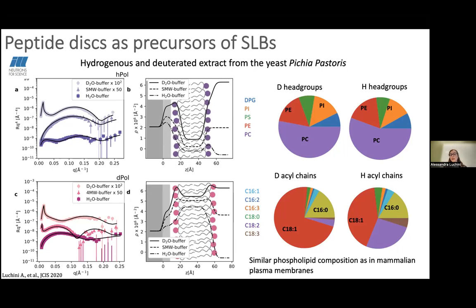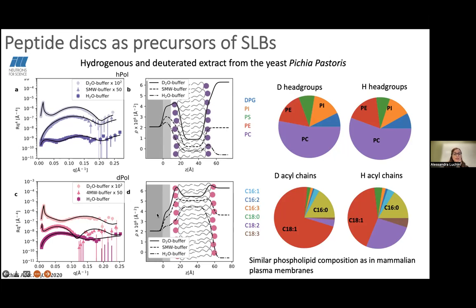And then they can extract and purify phospholipids from these cells, which produces phospholipid extracts in both hydrogenous and perdeuterated versions. And as you can see from this chart here on the right, these extracts actually contain quite a large variety of different lipid species that differ in the composition of their head groups, but also in the length and unsaturations of the lipid tails.